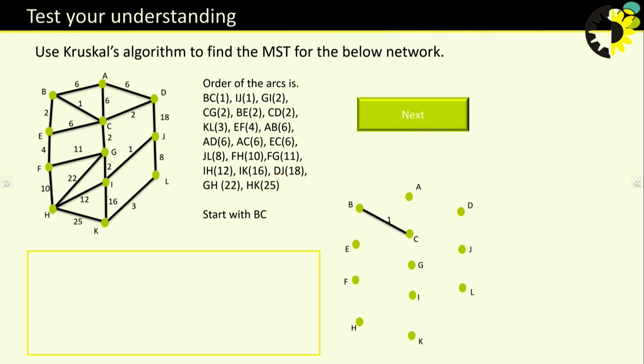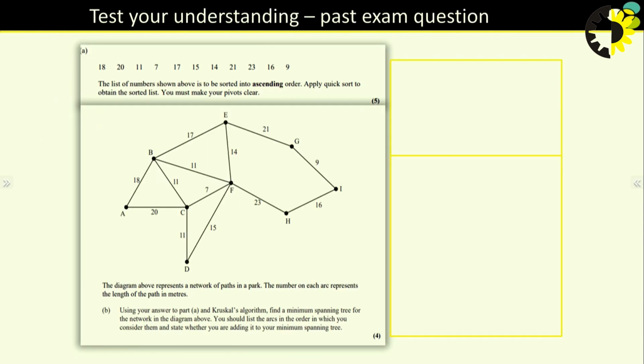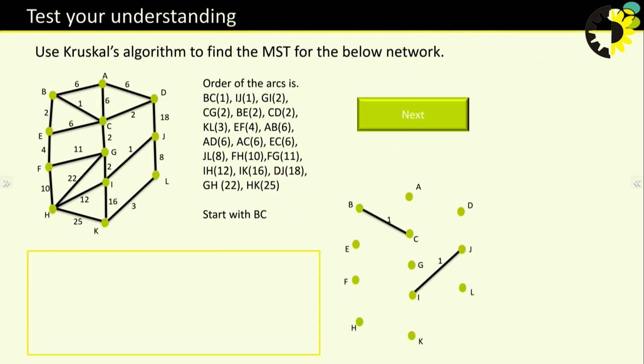BC has the 1 value, so B to C is 1. Then again IJ also has the 1 value. Next, GI also has the 2 value.